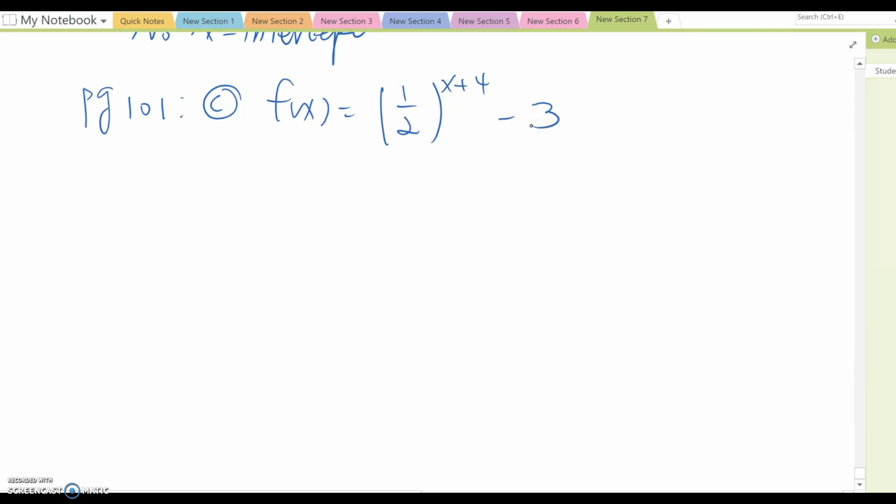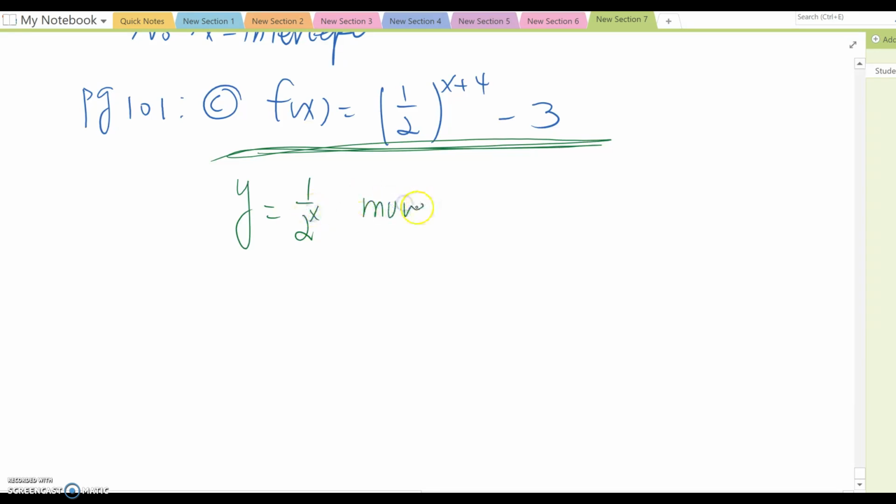So based on previous work, now we can conjecture this graph transformation from the parent function. So we can say this one, y = (1/2)^x graph, moves 4 units to the left, and then 3 units down.